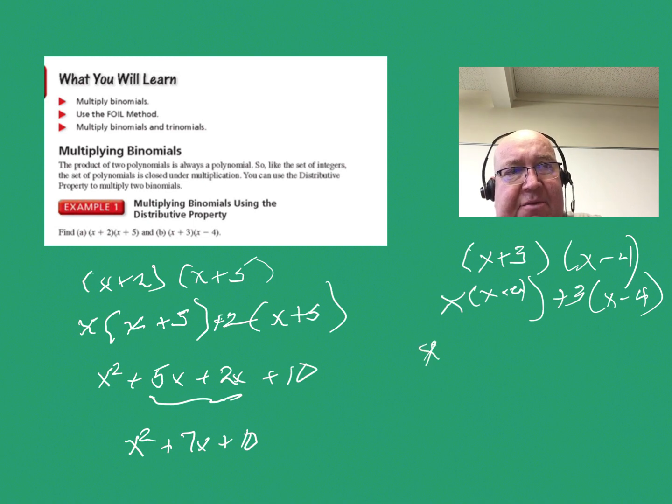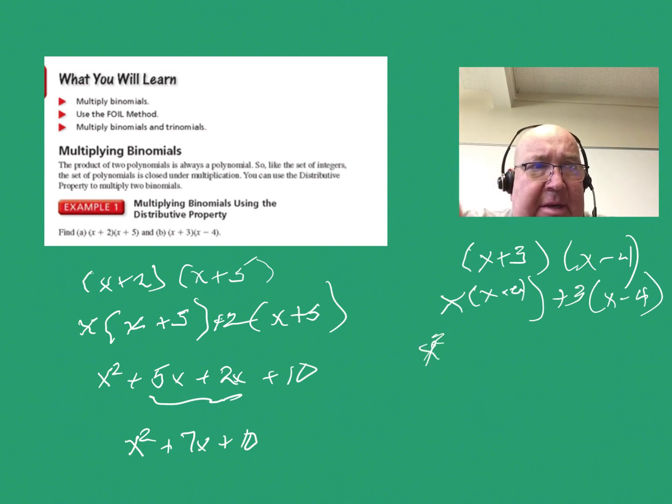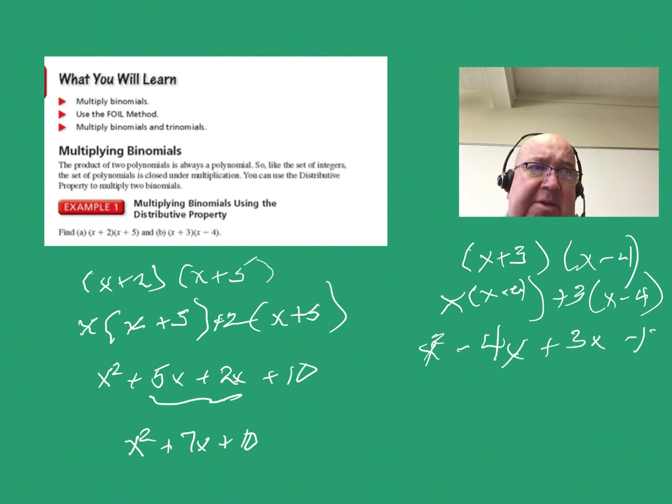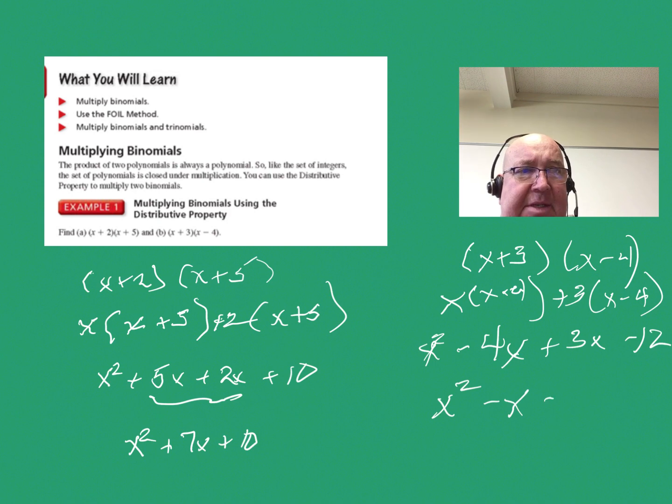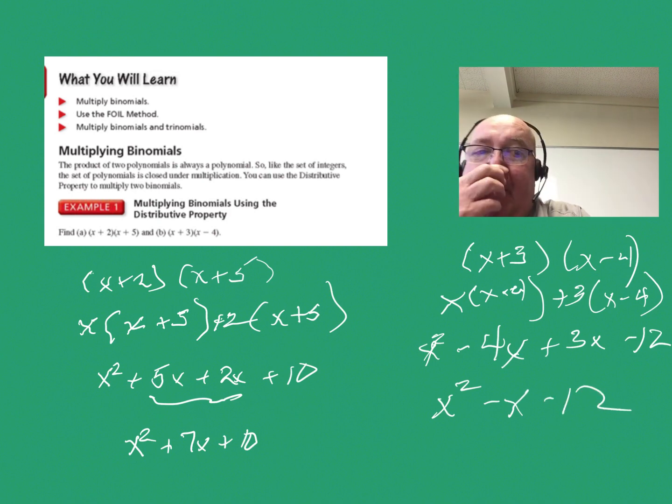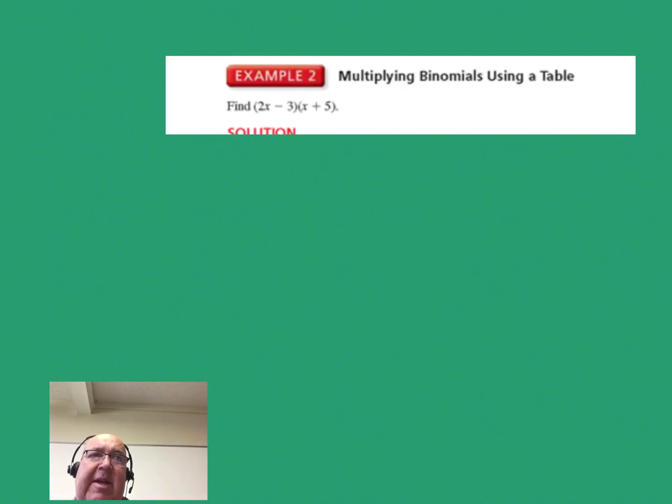We get x squared minus 4x plus 3x minus 12. Combine my like terms, x squared minus x minus 12. And that's distribution. To do it that way if you like.